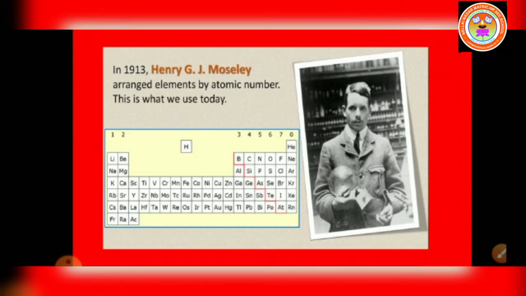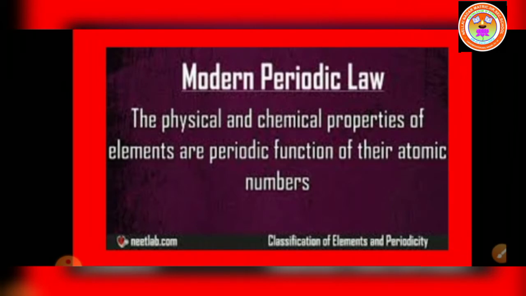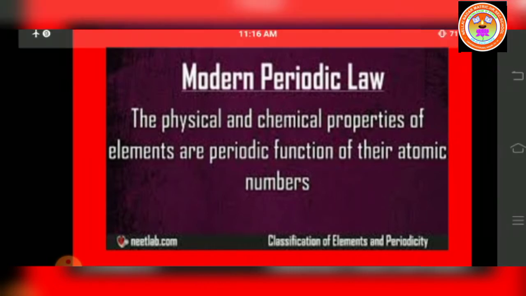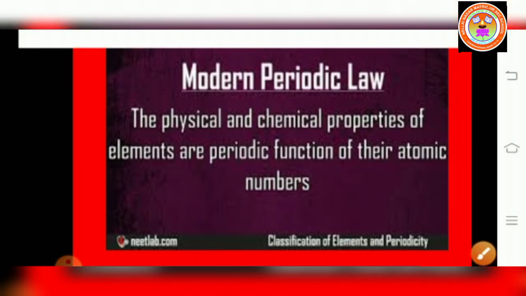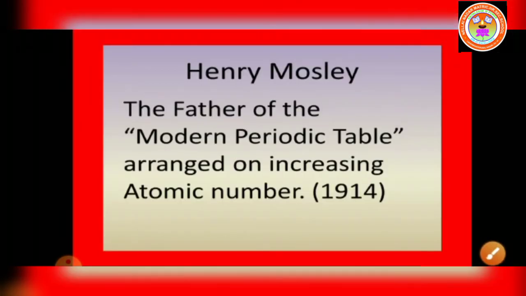Hence, the modern periodic law can be stated as follows: the chemical and physical properties of elements are periodic functions of their atomic numbers. Henry Moseley was known as the father of the modern periodic table.